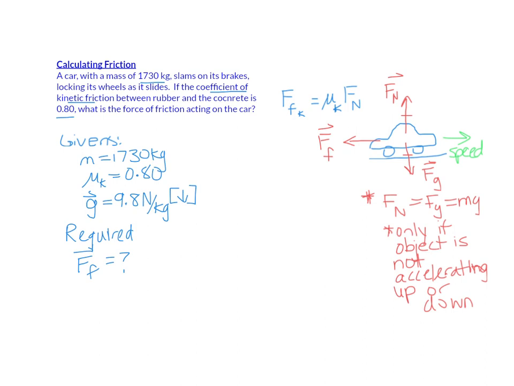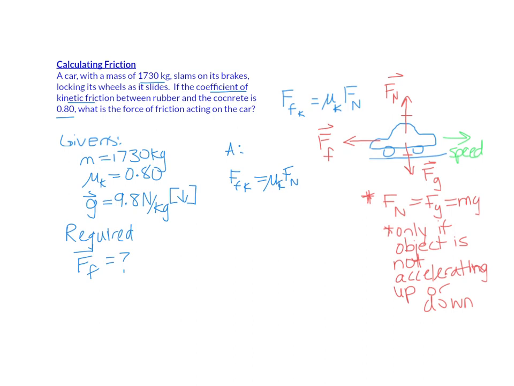So we'll have to analyze our formula. I want to use the friction formula, but there's a problem. I need to know my normal force before I can use the force of friction formula, because I know this mu sub K, but I don't know my normal force.